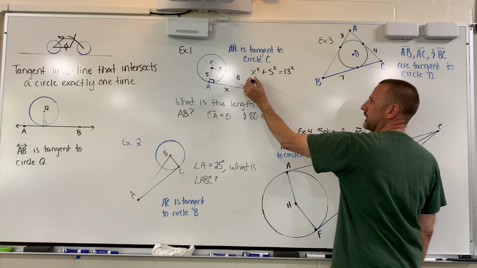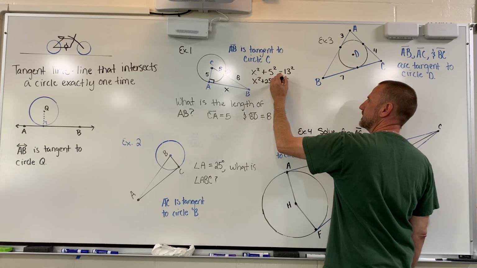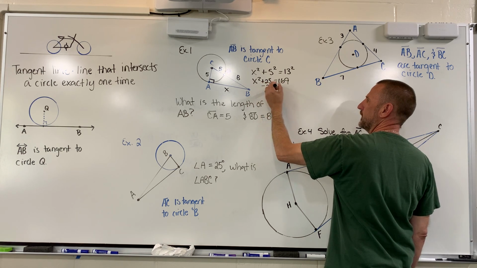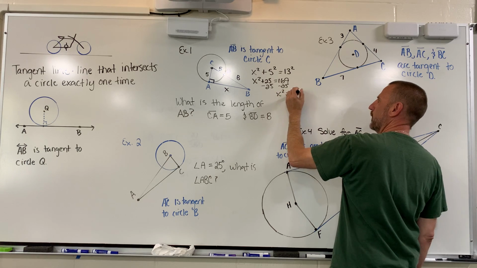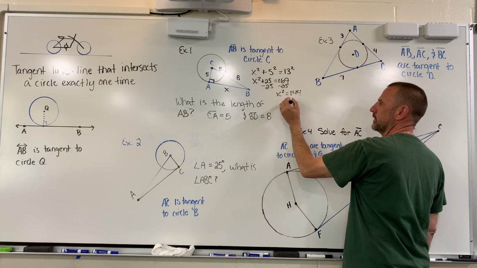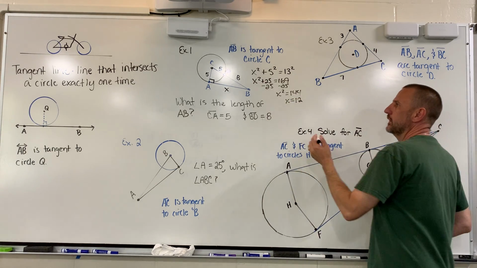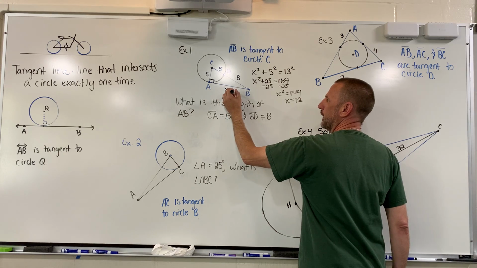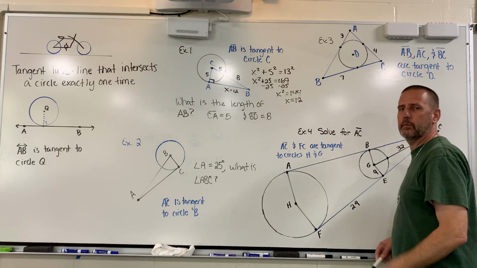Working that out, I get x squared plus 25 equals 169. Take away 25, and x squared equals 144. By taking the square root, the distance from A to B is 12. And again, it's really important to recognize that I made a right triangle. That's what I needed to know to solve the problem.